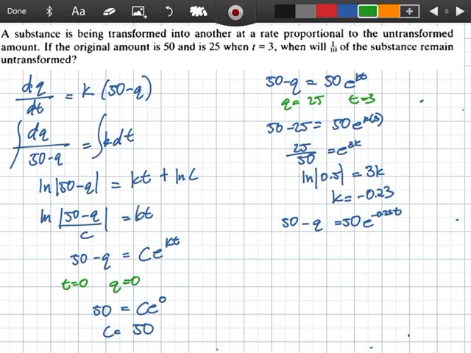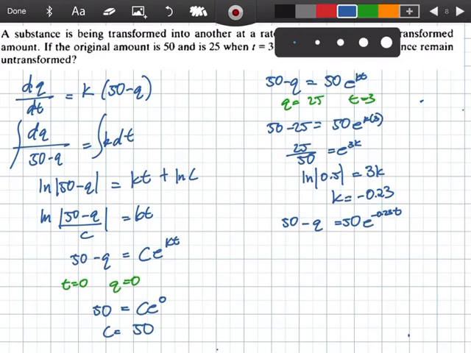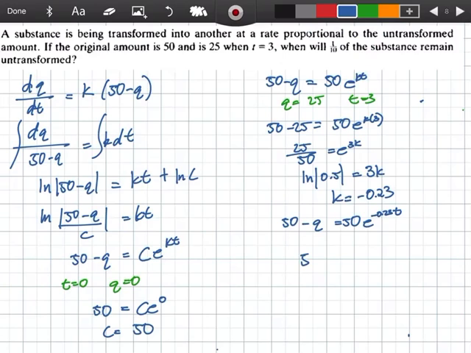So we substitute 5 for 50 minus Q. So 50 minus Q is equal to 5, which is also equal to 50 e to the negative 0.23t. Now, on our calculator, 5 over 50 is one-tenth.